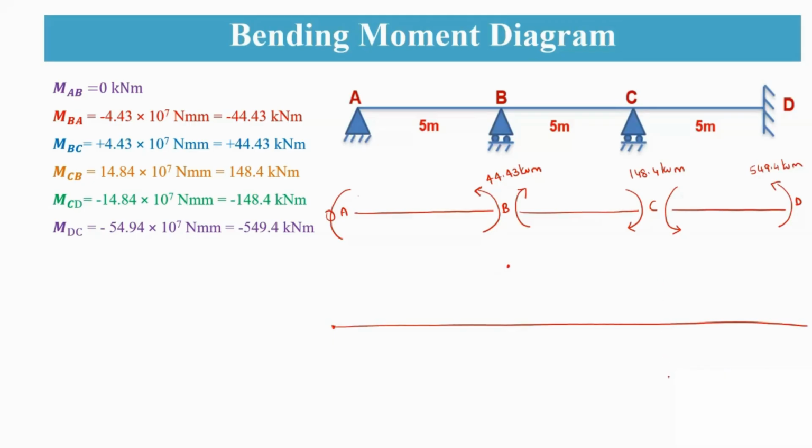At this point, it is having a hogging moment, so it is negative 148.4 kilonewton meter. Here it is 44.43 kilonewton meter. Again, here also it is having a sagging moment of 549.4 kilonewton meter. This is not up to the scale.